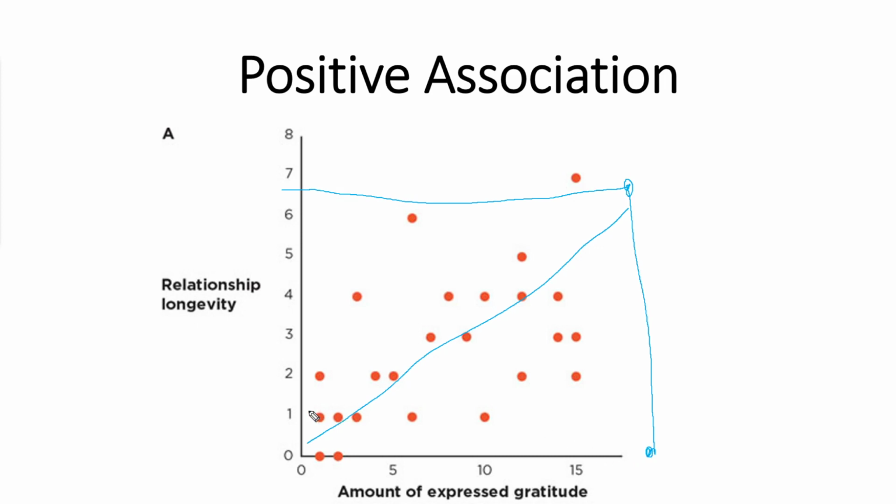And we can take the converse of that, saying that a low score on this axis should give us a low score on the other axis. So in a positive association, a high score on one of our traits should correlate or give us a high score on the other.